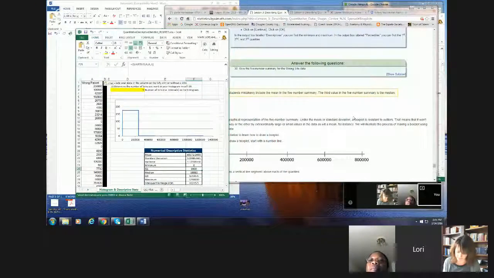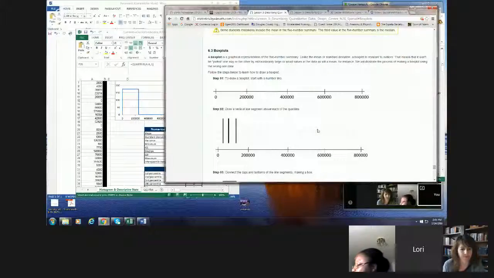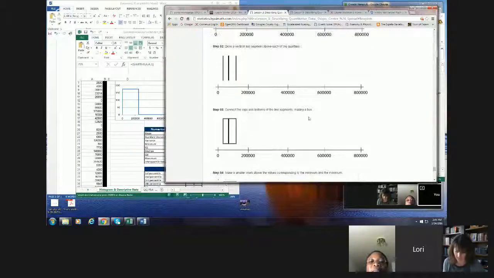I think it just depends. With box plots, you just have to remember that the middle number isn't the mean, it's the median, so that we don't get them mixed up.